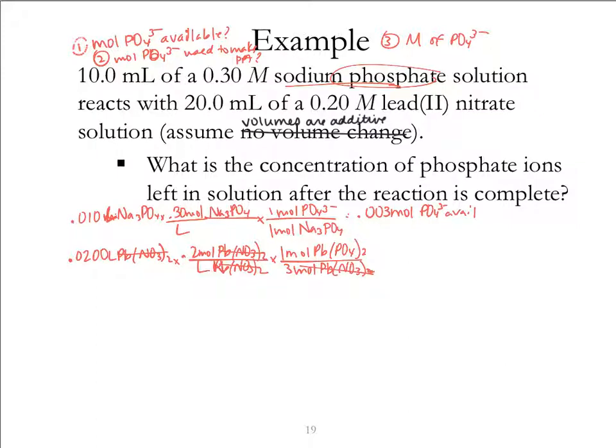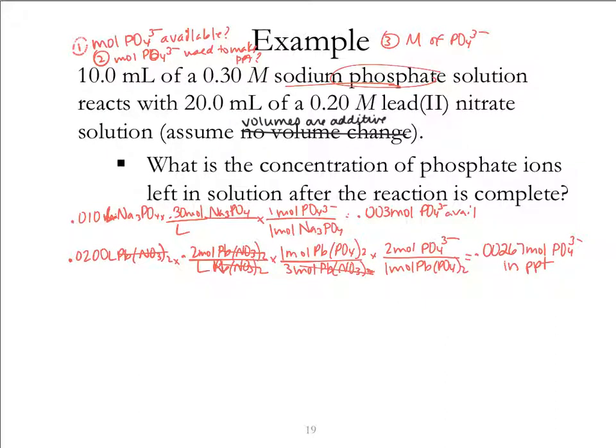So now we have lead(II) phosphate, and we want to figure out how many moles of phosphate are in the lead(II) phosphate. So we count. There's 2 phosphates in every lead(II) phosphate. When we do this calculation, we get 0.00267 moles of phosphate are in that precipitate.